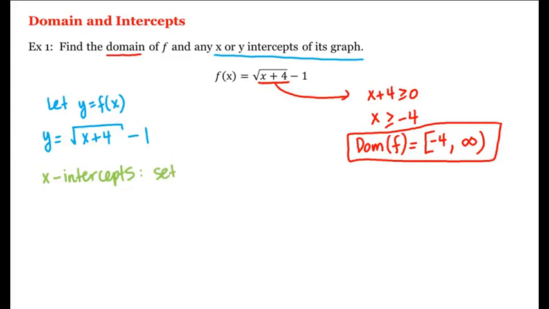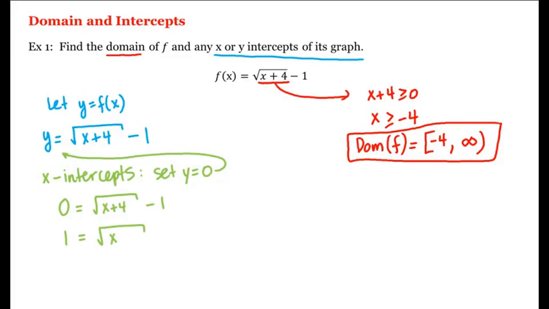Therefore, if we set y equal to 0 in our equation, we can see if there's any x-intercepts. Doing this gives us 0 is equal to the square root of x plus 4 minus 1. And adding 1 to both sides, we get 1 is equal to the square root of x plus 4.